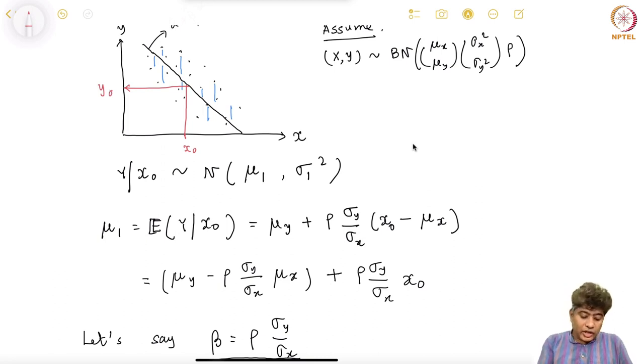But how much deviation can I expect? I have to get some kind of deviation so that I can say this is the interval within which there is a 95% chance that my true y will lie. So how can we do that?